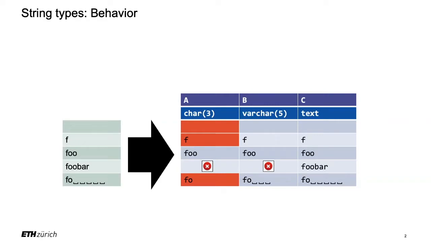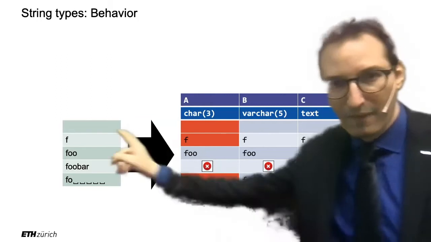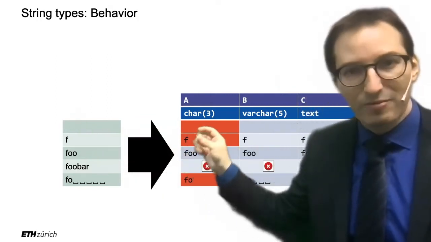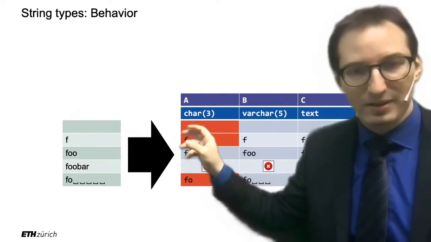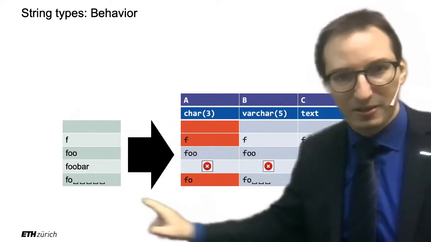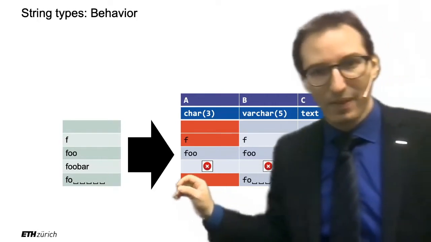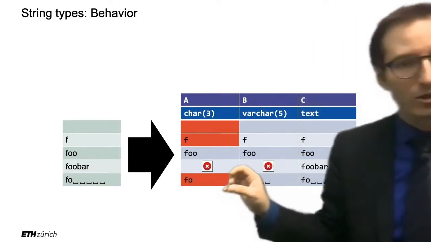But if you try to insert into the type char3, this first column here, something that's smaller, like space F and so on, then the behavior is not very clear because it kind of doesn't add spaces here. If you have extra spaces, it seems to be removing them for some reason, and the behavior is not consistent.